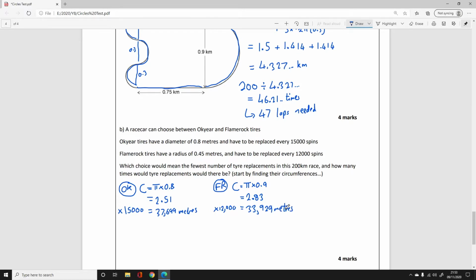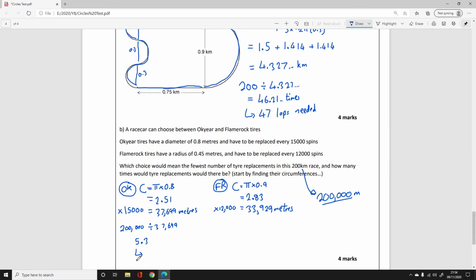So the question would be how many times you have to replace it in a 200 kilometer race. So 200 kilometers, if we times by 1,000, that's 200,000 meters. And what we're basically saying is, well, how many times does this divide into it? So if we go 200,000 divided by 37,699, we'll get that this will need 5.3 tires, and we'd have to round that up, obviously.